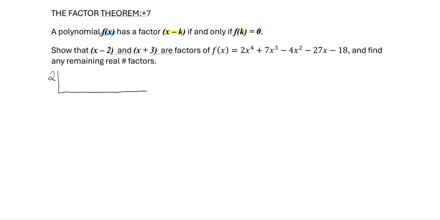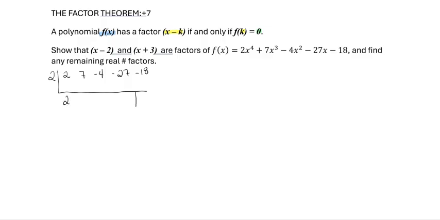Now, I don't have any missing exponents, so I can just write 2, 7, -4, -27, and -18. Make sure I have that right. 2, 7, -4, -27, and -18.